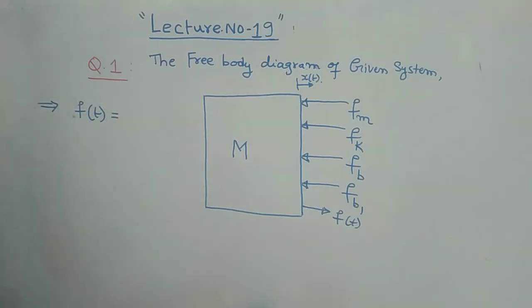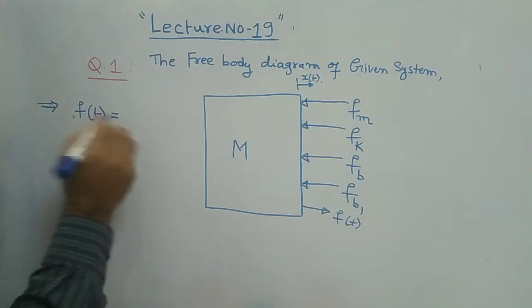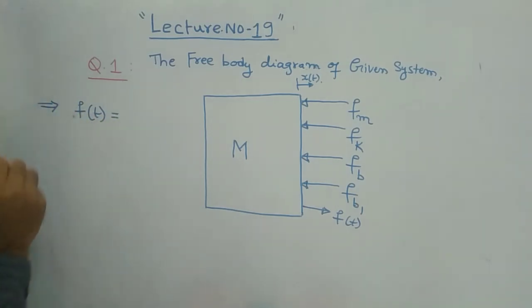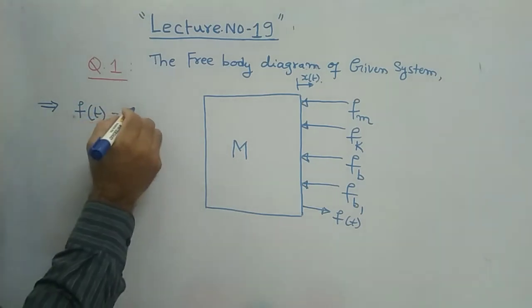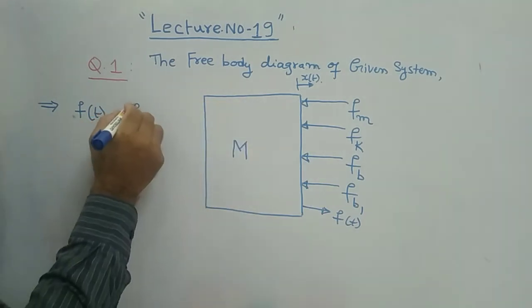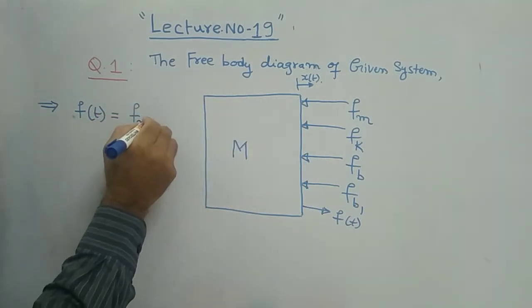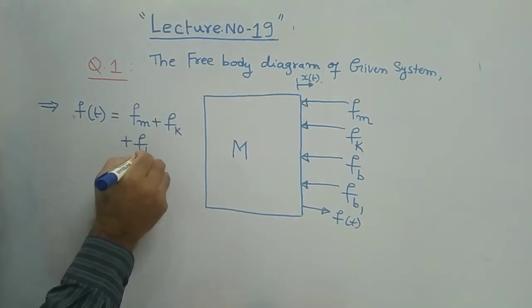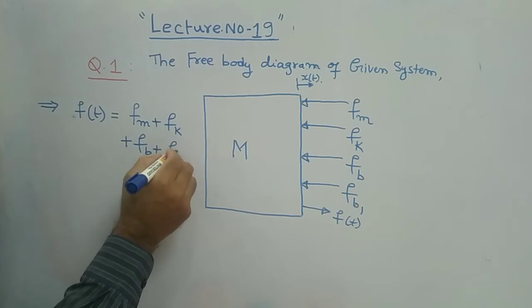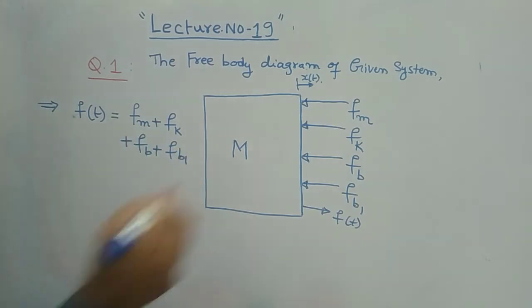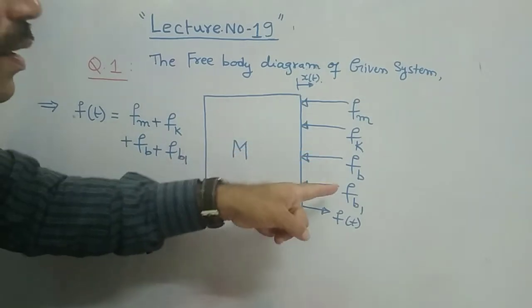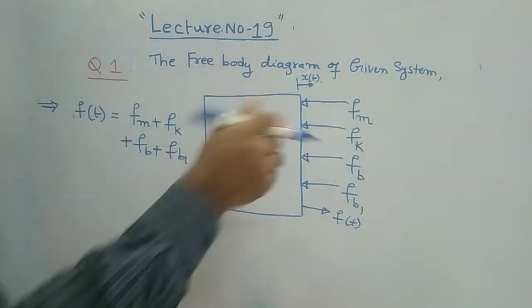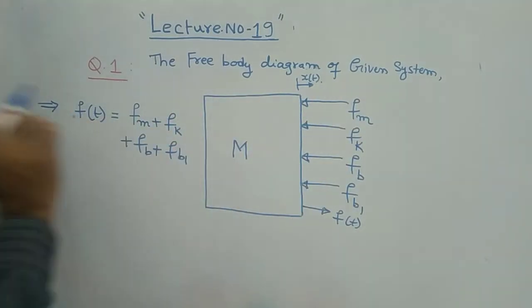So f of t is equal to the total force, that is Fm plus Fk plus Fb plus Fb1, that's all. Fm, Fk, Fb, Fb1, all these forces equal f of t.